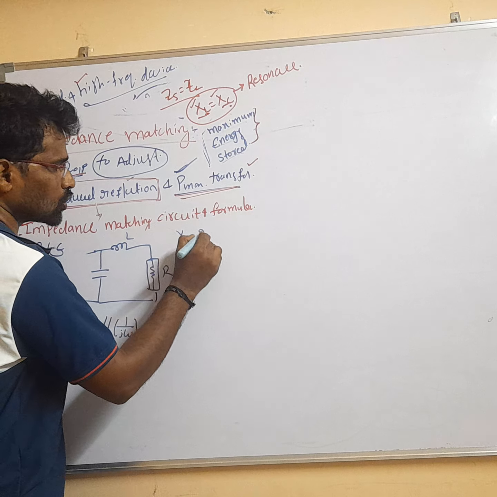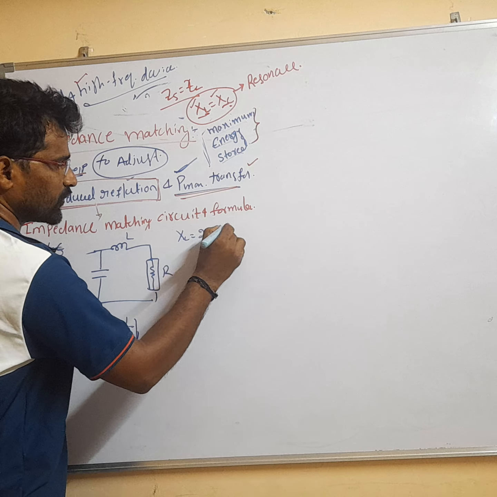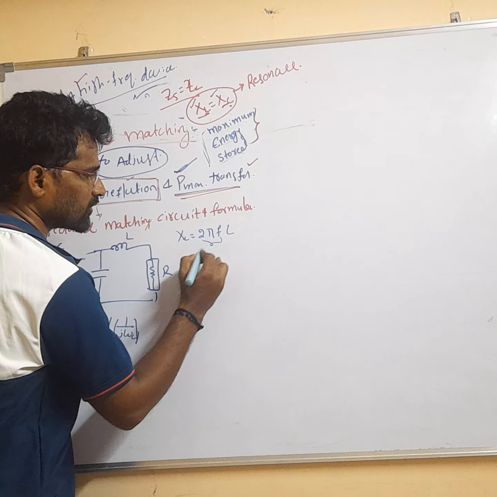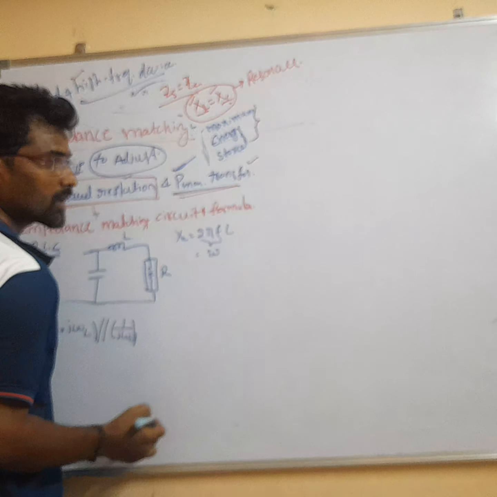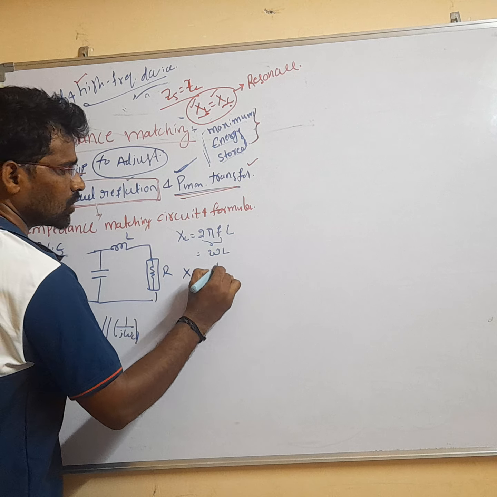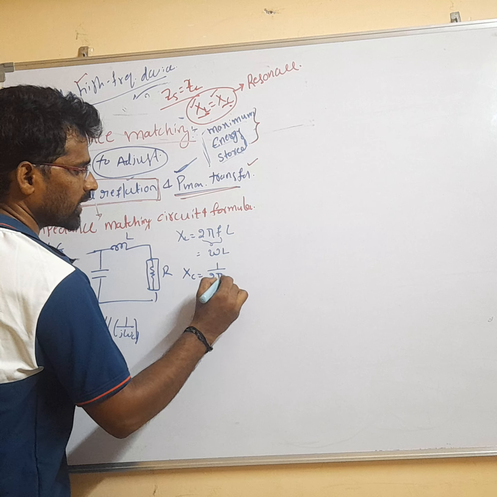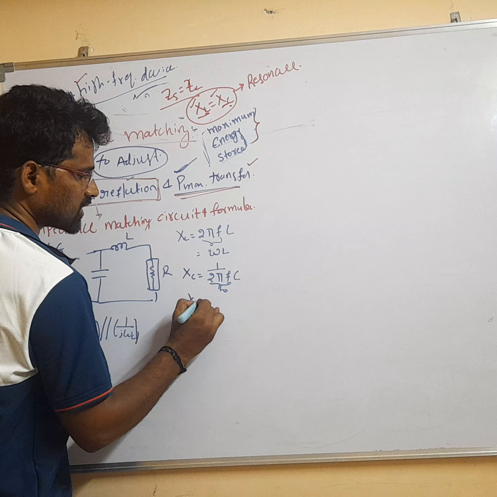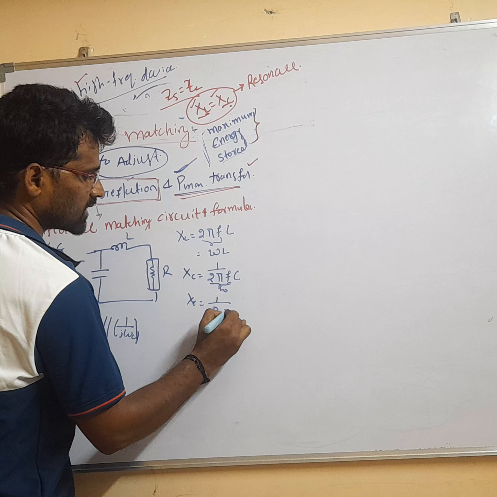XL is equal to 2 pi f L, and 2 pi f is nothing but omega, so XL is equal to omega L. Similarly, XC is equal to 1 by 2 pi f C, so XC is equal to 1 by omega C.